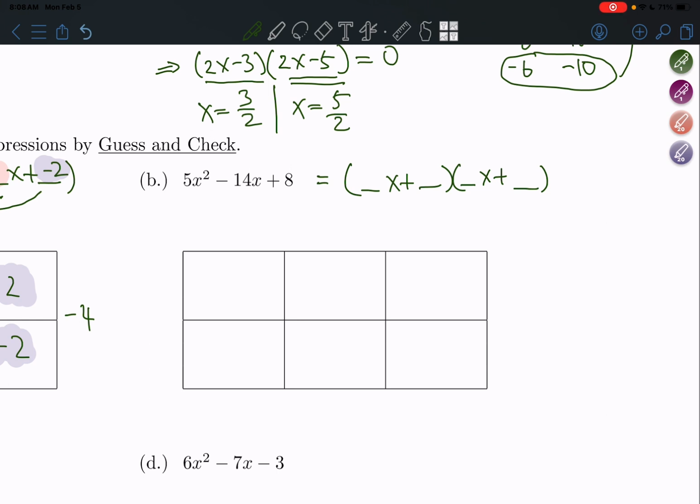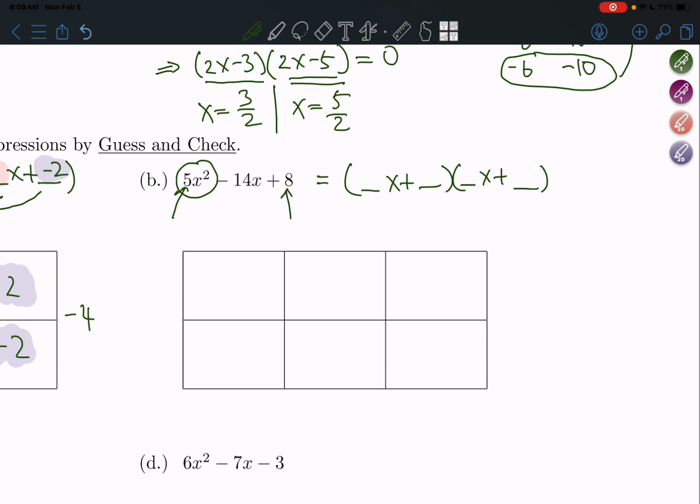And I typically start with the first term here. But to be fair, you should always start with a number that's easy to factor. Here I've got a number 5, but the constant term is the number 8.